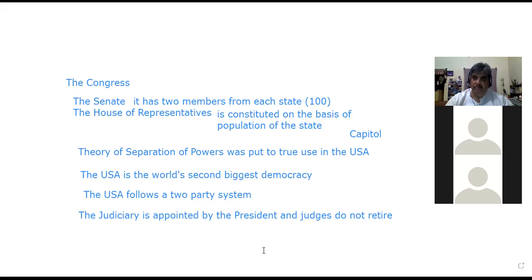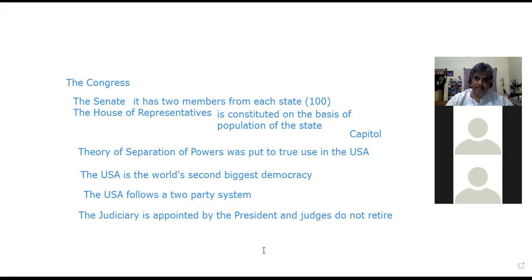And since they do not retire, they can hold on to that post as long as they live. Okay, there is no impartiality in the, what should we say, in the judiciary.